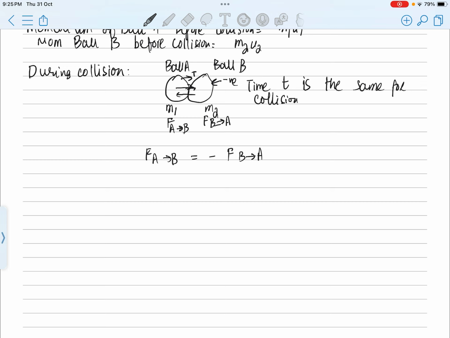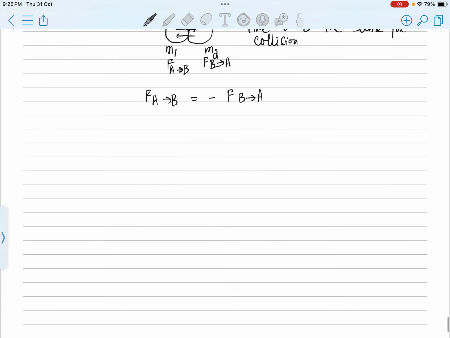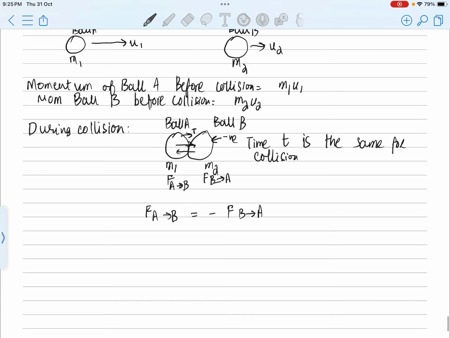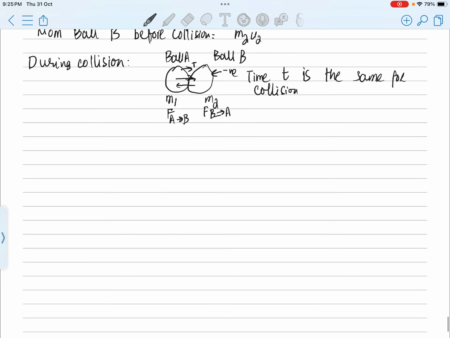You know that F is the rate of change of momentum with respect to time. Now before deriving the law of conservation of momentum, we will look at after collision.